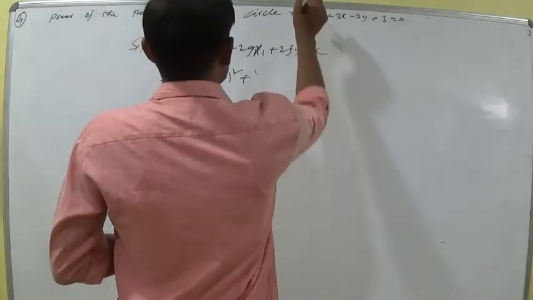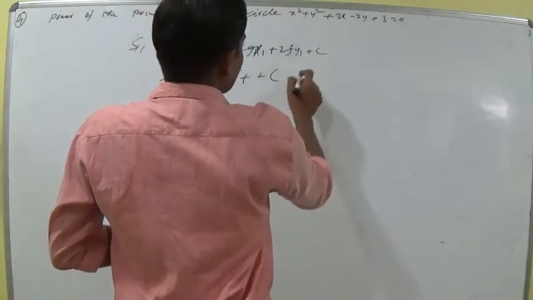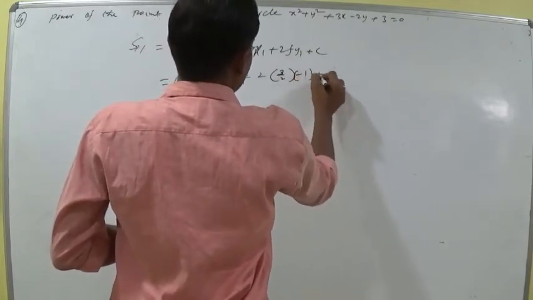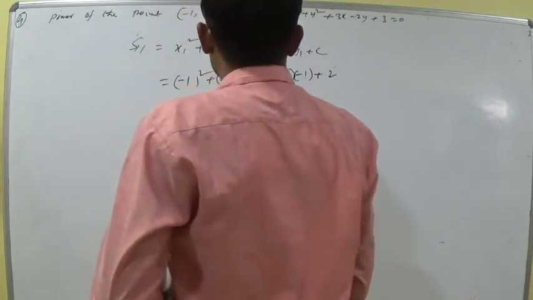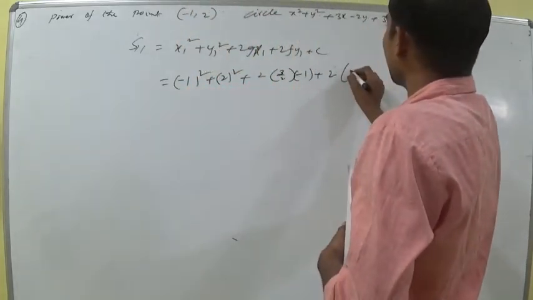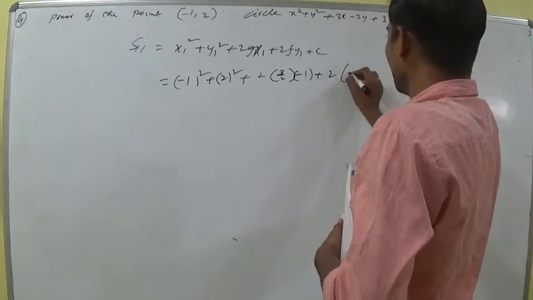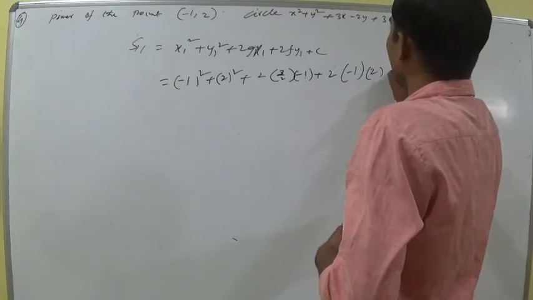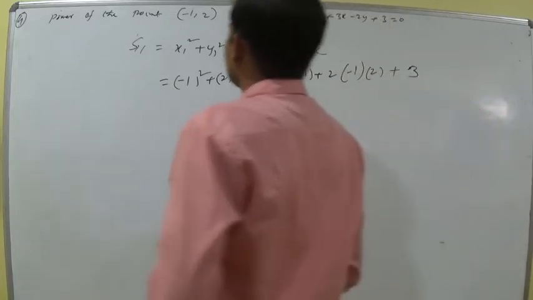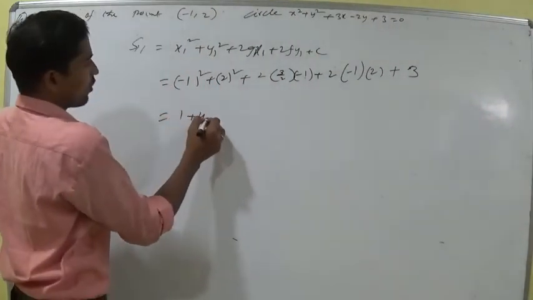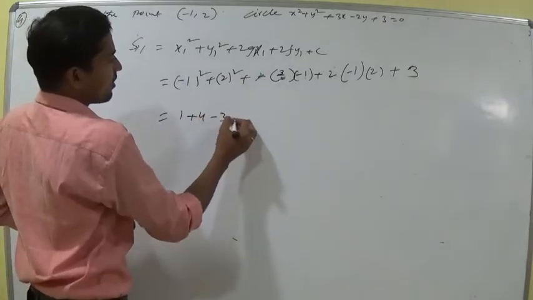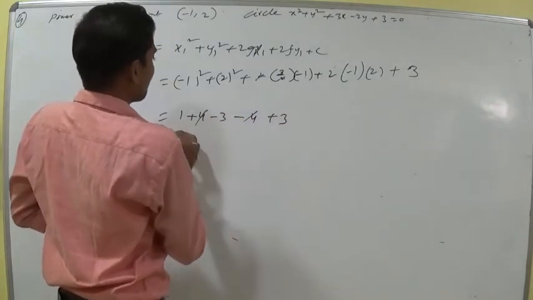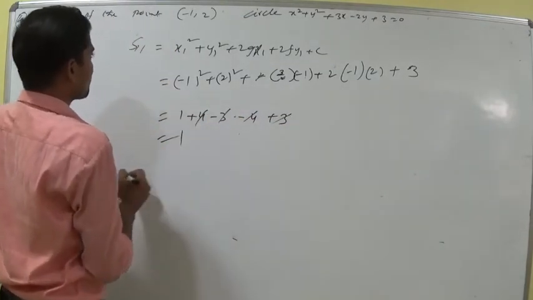So I have to find the g value. 2g is 3, x1 is minus 1, plus 2f y1, 2f is minus 1, y1 is 2, plus c is 3, which is equal to 1 plus 4 minus 3 minus 4 and then plus 3, which is equal to 1.